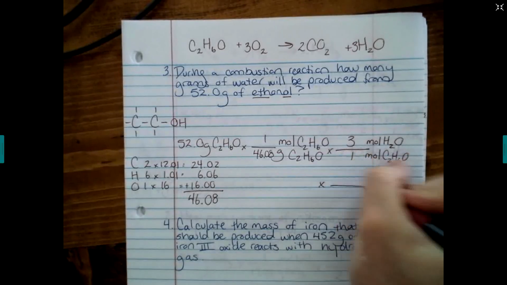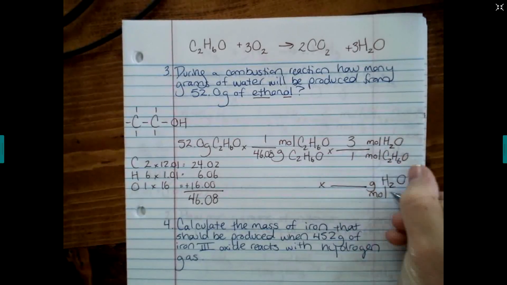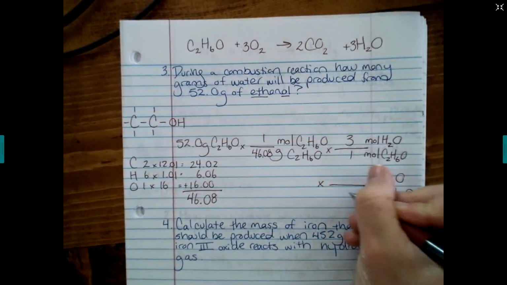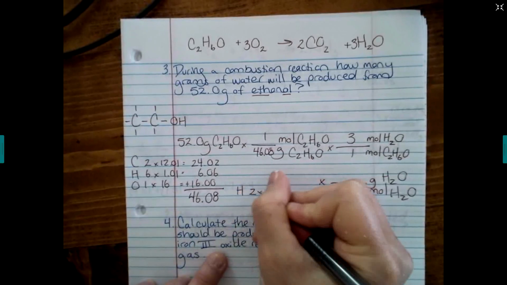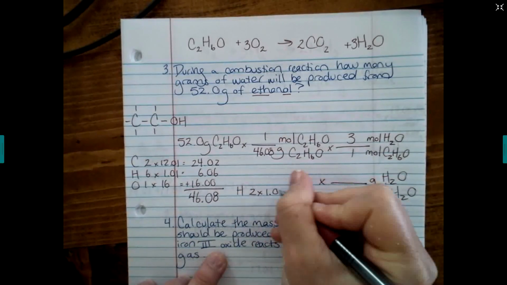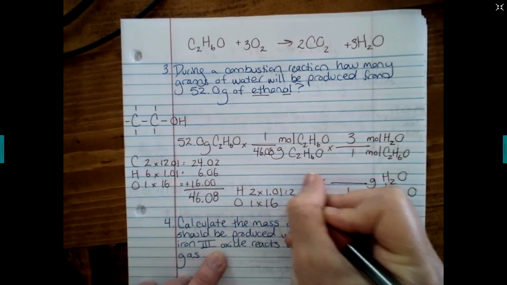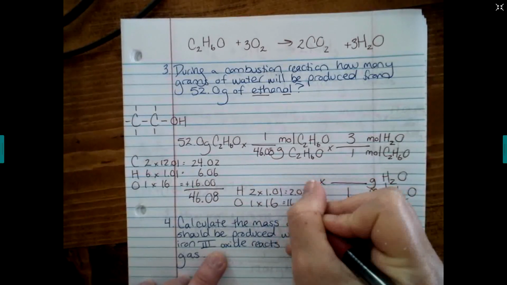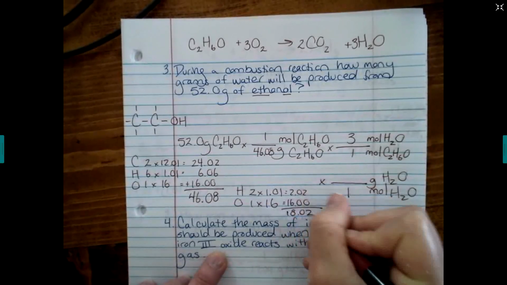Now I'm going to convert this back into grams of water. So finding the molar mass of water, 2 times 1.01, 1 times 16, equals 18.02.